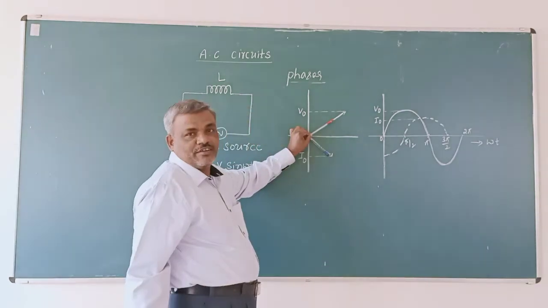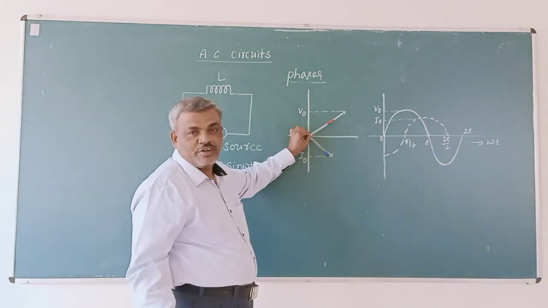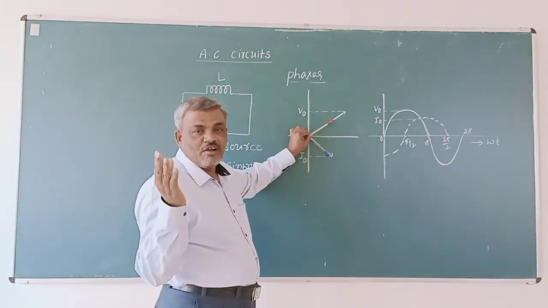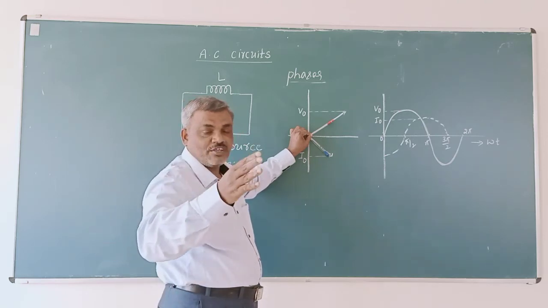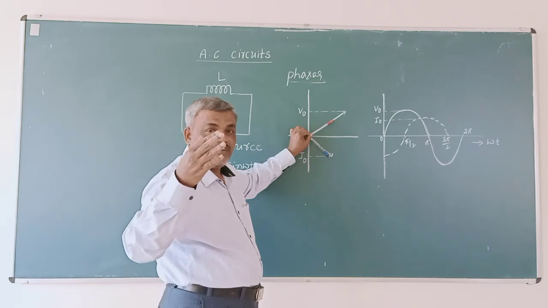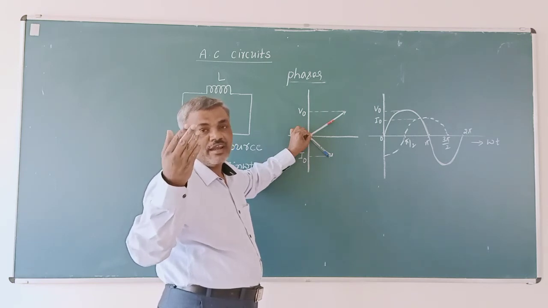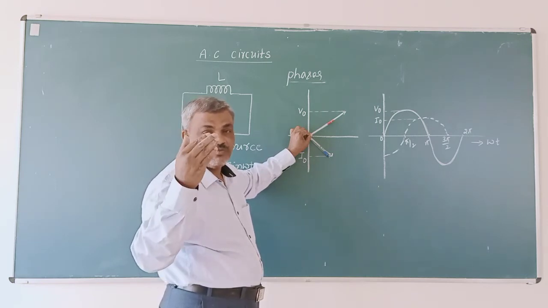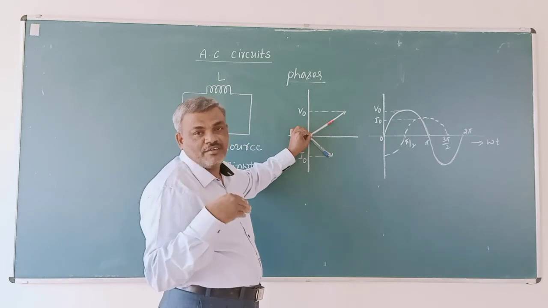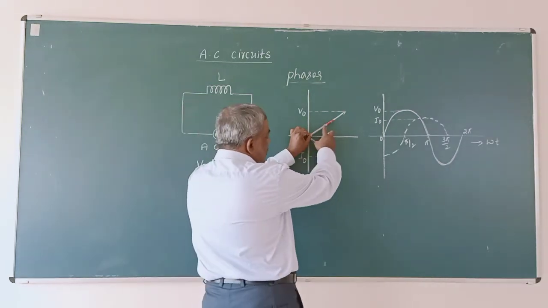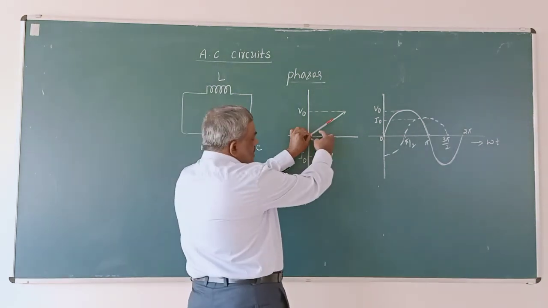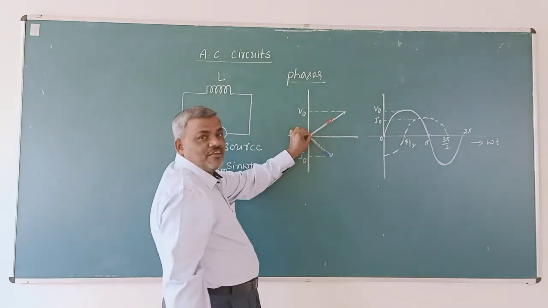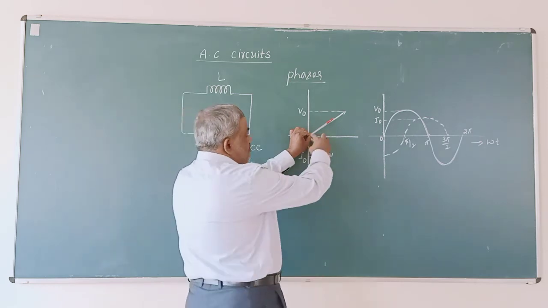Students, observe carefully. In a pure inductor circuit, how are voltage and current related? The voltage and current lines show this direction. How much difference is there again? Once again, 90 degrees.